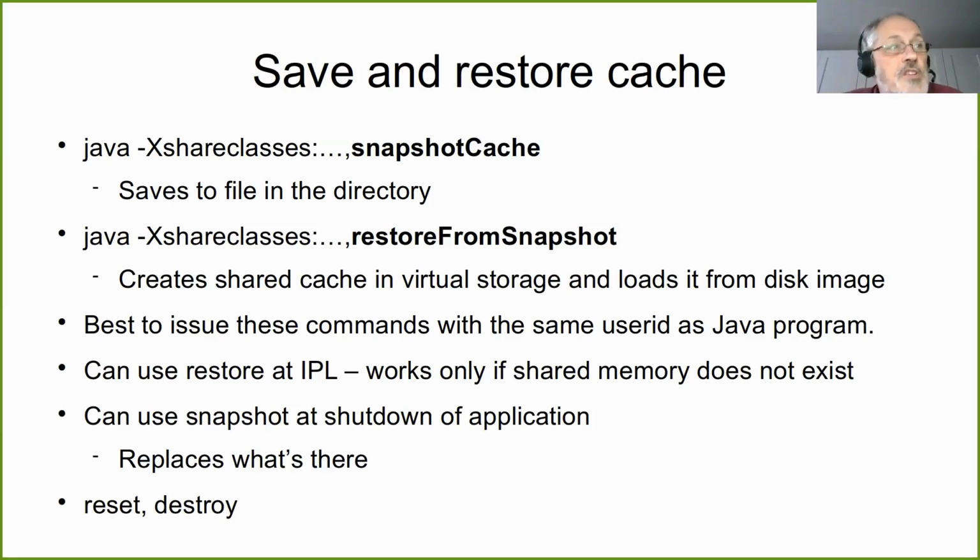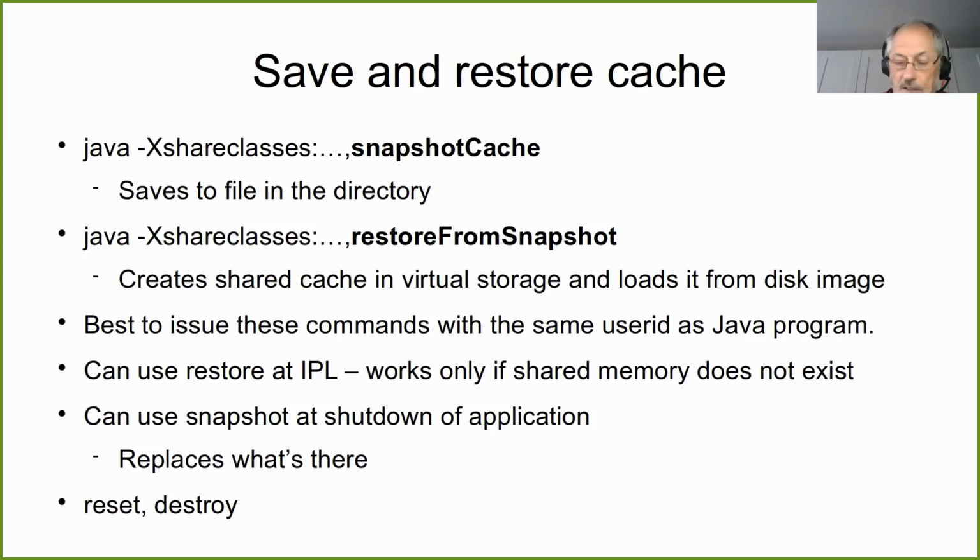But at the end of Zoe, as it shuts down, I put an extra step in, which basically says snapshot cache and save a copy. So that way it's automatic and I don't have to do anything to get it installed or to save it. There's also commands called reset and destroy. Reset says empty the cache, and destroy says, okay, delete it and remove the entries on disk as well.